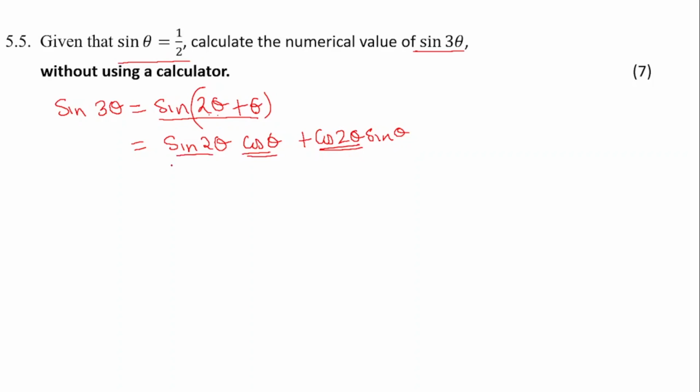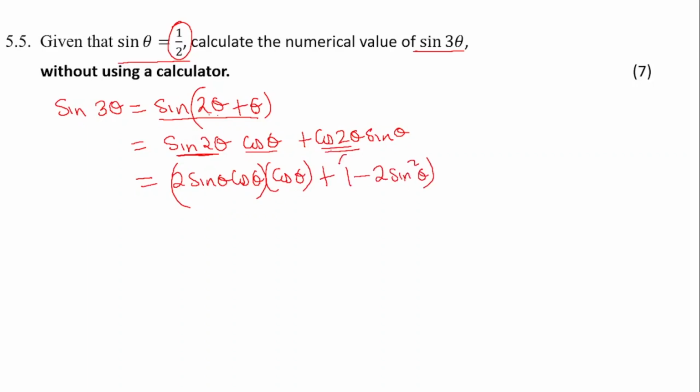Sine 2 theta is the same as 2 sine theta cos theta, isn't it? And then we have this cos theta, then plus cos 2 theta. We want the one with sine theta, so it's going to be 1 minus 2 sine squared theta, then times sine theta.